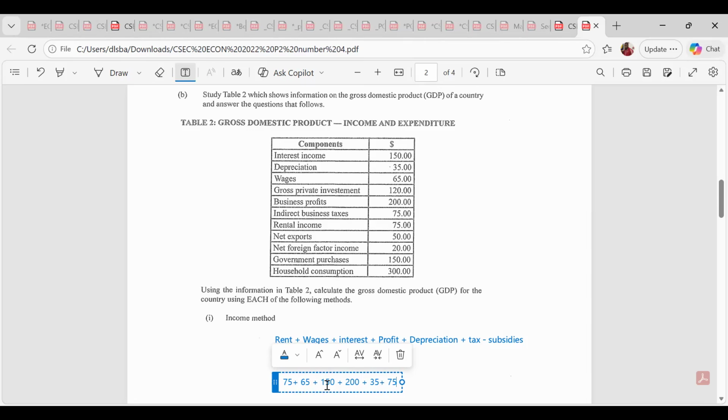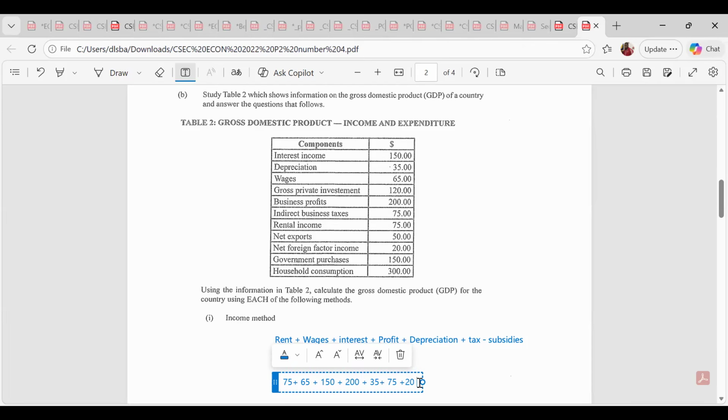Now, this last figure here, the net foreign factor income. This is money made from foreign by local companies, so it's part of the profit. So I'm going to add that in.